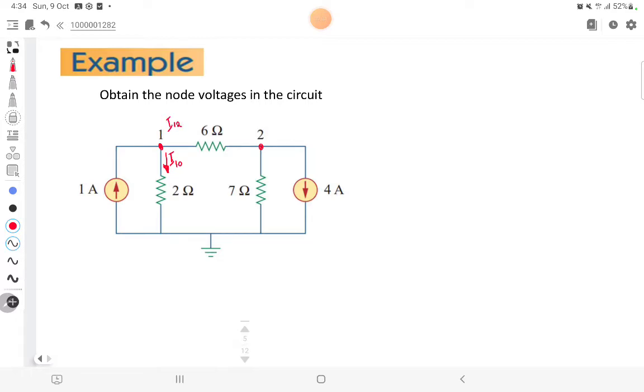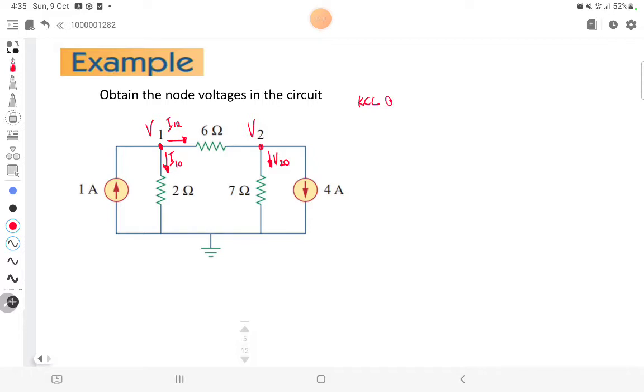Take note that the subscript may vary on how you want to understand your circuit. So this will be my I12, from V1, the potential at nodal voltage 1, to the potential at nodal voltage 2. And I have my V20.